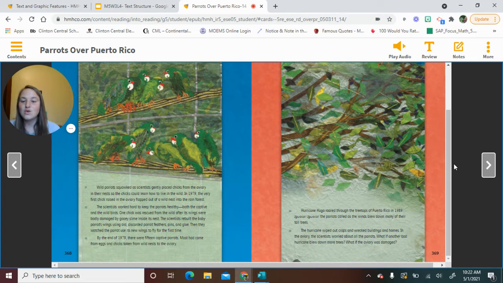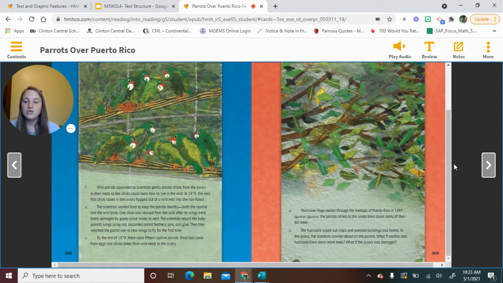Wild parrots squawked as scientists gently placed chicks from the aviary in their nests so that the chicks could learn how to live in the wild. In 1979, the very first chick raised in the aviary flapped out of a wild nest into the rainforest. The scientists worked hard to keep the parrots healthy, both the captive and the wild birds.